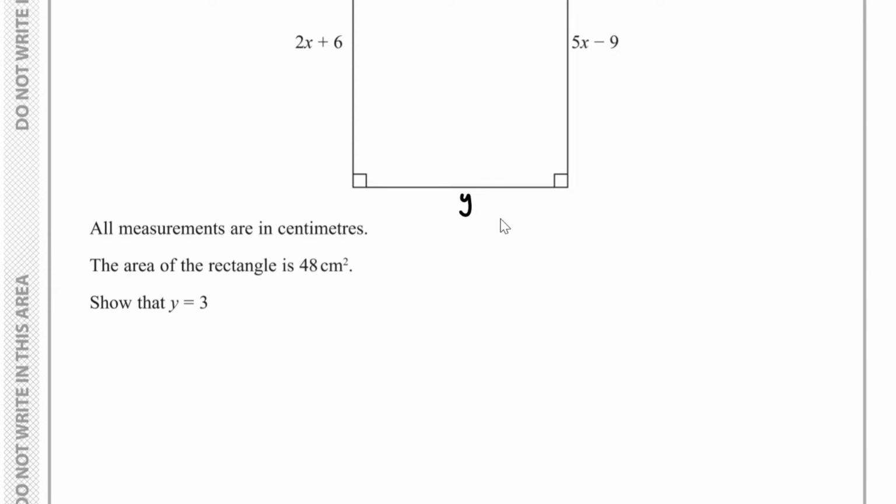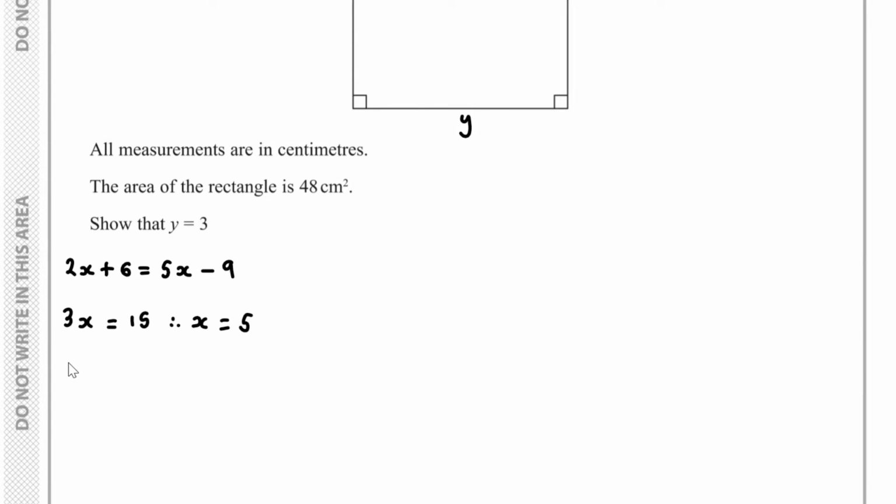And because opposite sides of a rectangle are equal, we can see that 2x plus 6 equals 5x minus 9. So if we attempt to solve, rearranging, you can see that 3x is equal to 15, and therefore x is equal to 5.